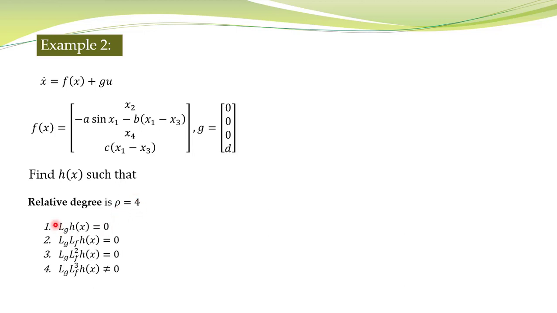Relative degree equal to 4 has this meaning: this is 0, this lead derivative is 0, this is also 0, this is non-zero. So from these conditions we shall get some guidelines that will help us to select an h of x.